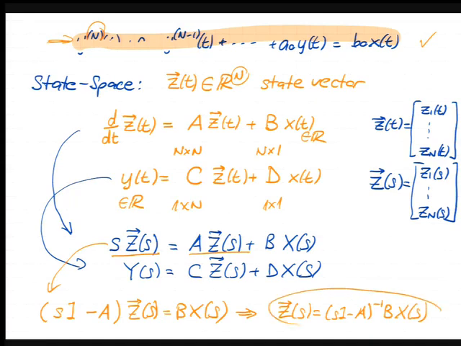Next, I take this, substitute it here. So what do I get? So y of s is something times x of s, and that something is going to be our transfer function. All right, I'm waiting.